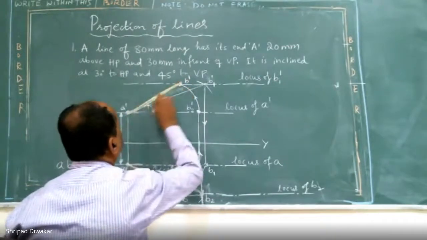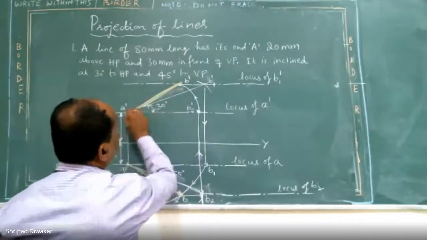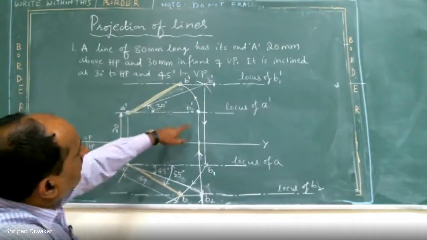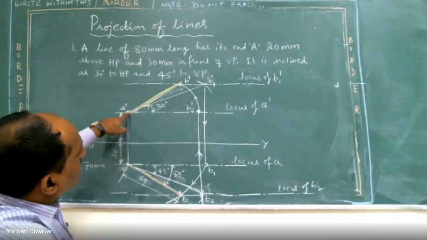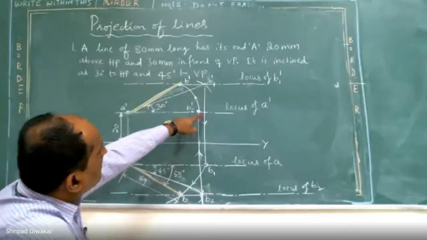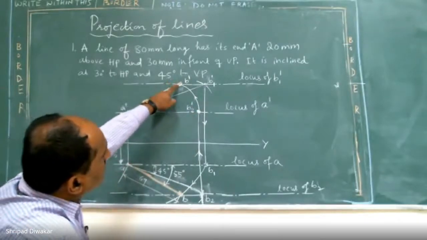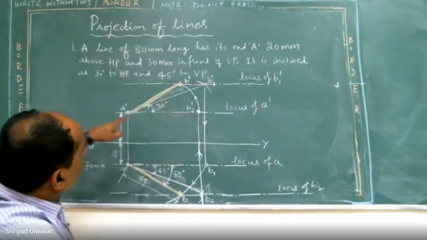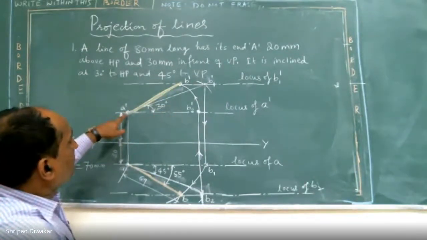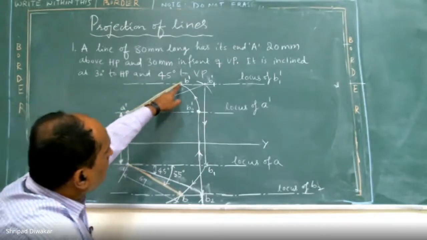Okay. So you see, take A dash as center, A dash B2 dash as radius, cut the arc which cuts the locus of B1 dash. Okay. Now you are having the point B dash.